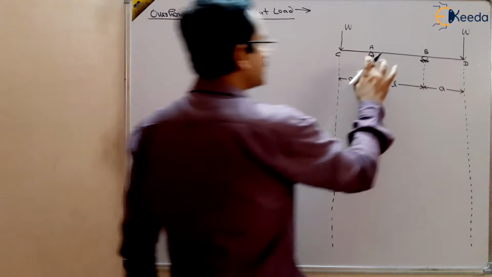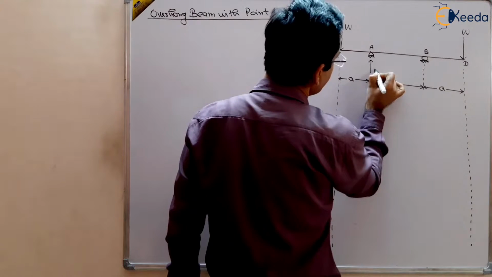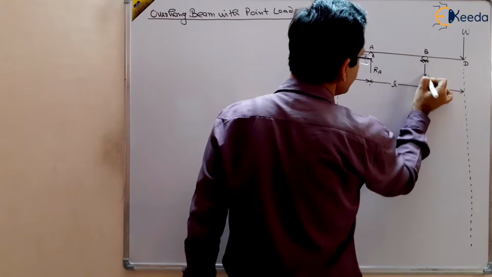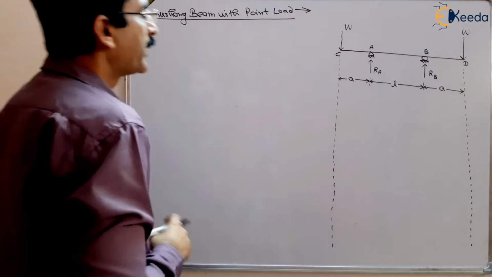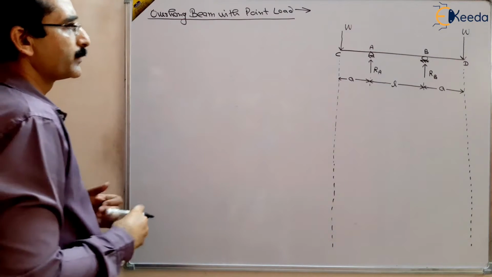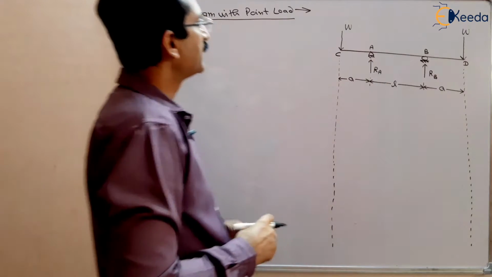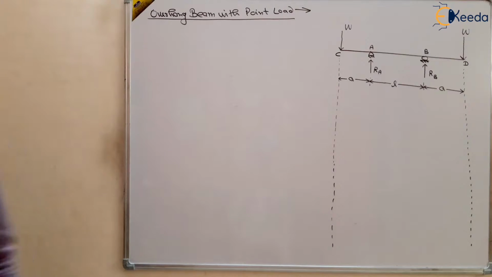So there will be a reaction at point A and reaction at point B. So at 2 points there is reaction RA and RB. First we have to find out the reactions at 2 points, and then we have to find out the shear force and bending moment diagram for this case.